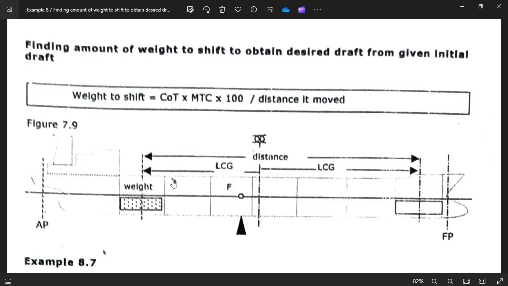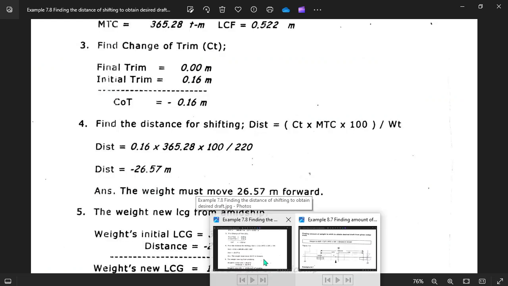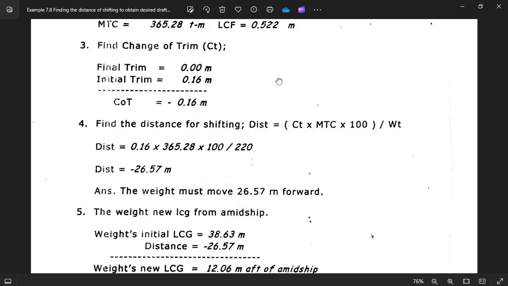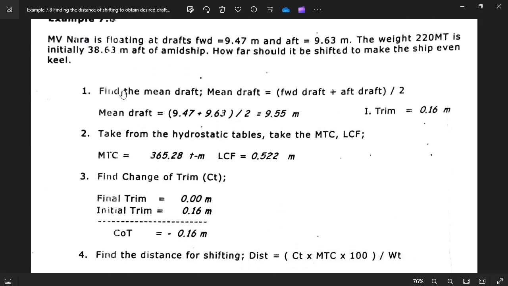And the LCG of the weight from amidship is 38.63. Okay?